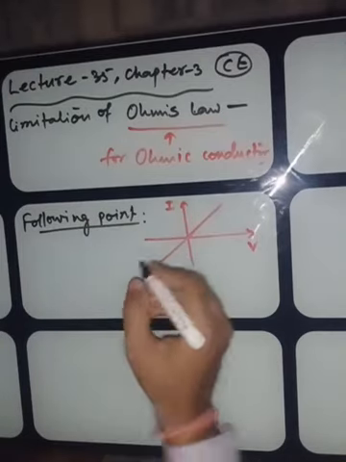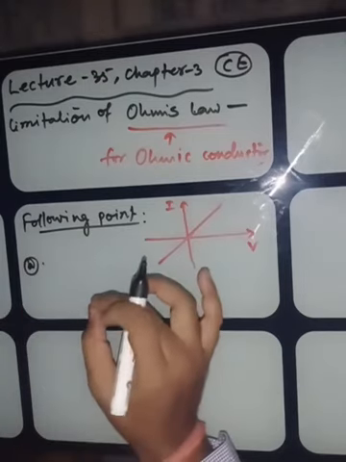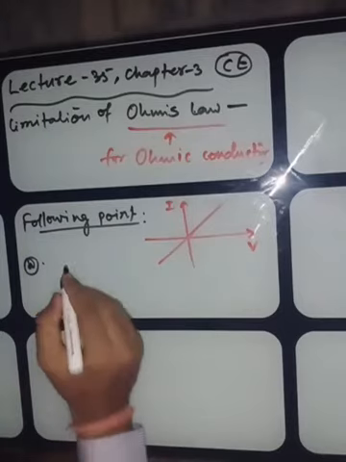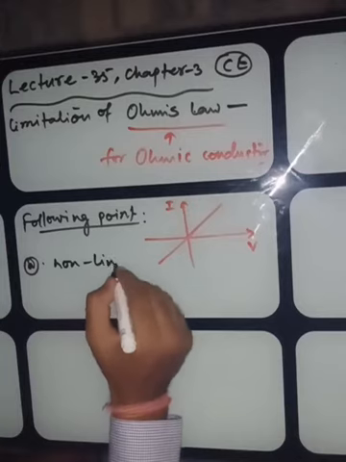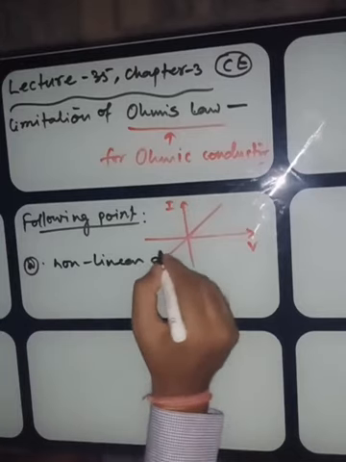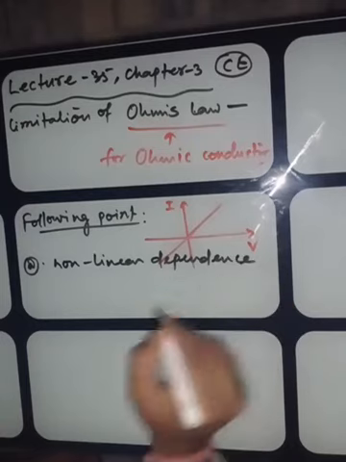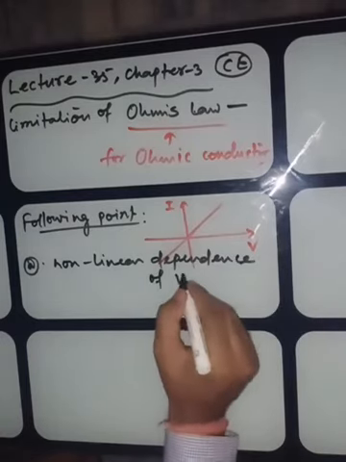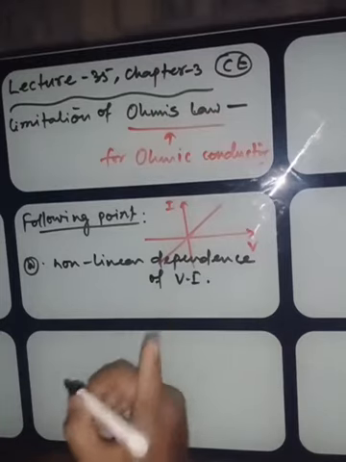The first point is the non-linear dependence of the VI characteristics. Remember, non-linear dependence of the VI graph. This is the first limitation.